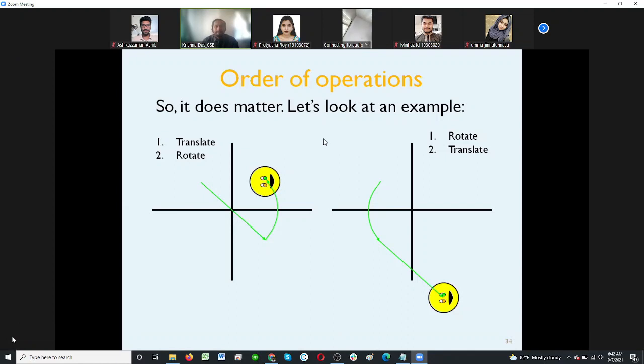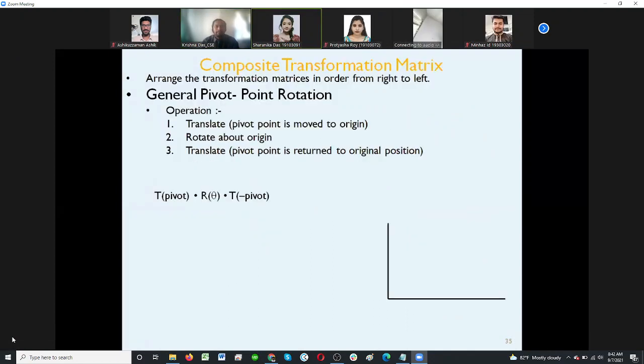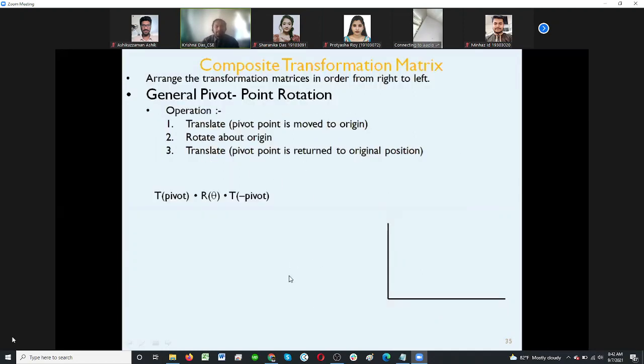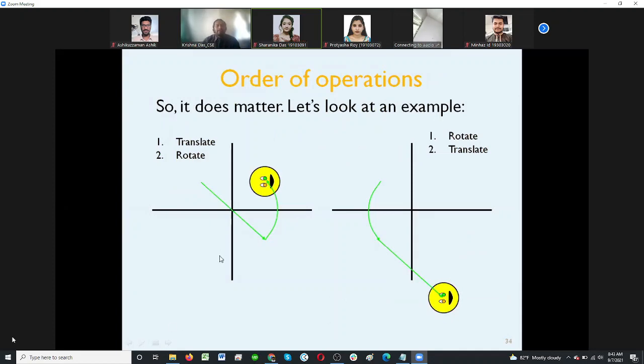Sir, last class we discussed only composite transformation up to this. Yes, sir. This one I have not discussed yet. I remember we said we are going to do this general pivot point rotation. Maybe I just started but did not discuss it in detail. Yes, sir. All right.